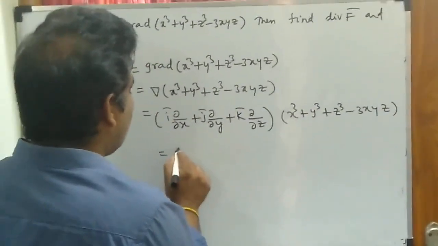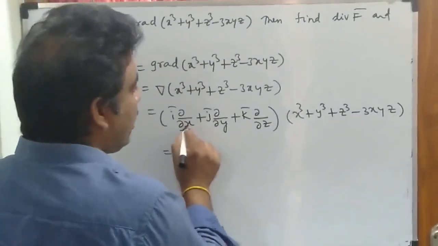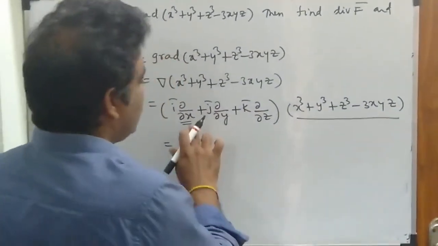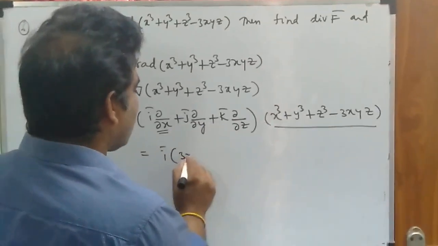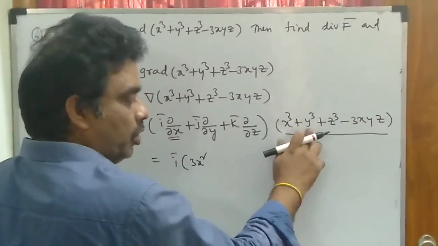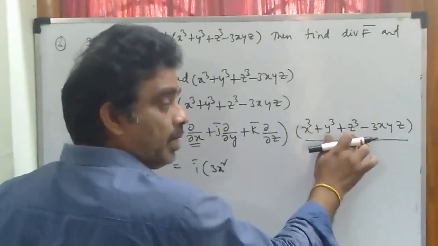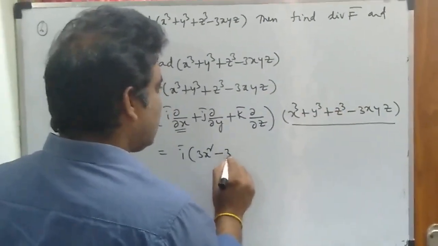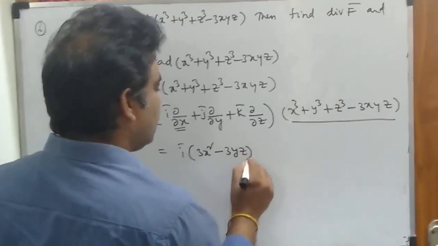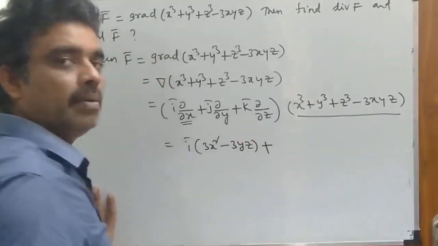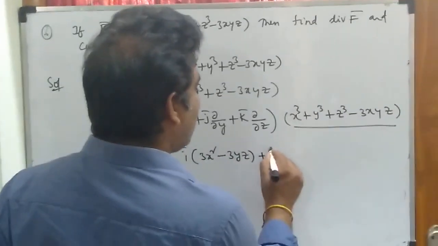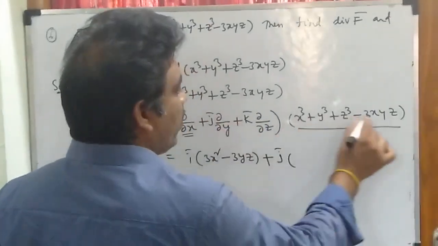This is equal to I bar into dou by dou x of the entire term. X cube gives 3x square, y cube term 0, z cube term 0, minus 3yz. Plus j bar into dou by dou y of the entire term.